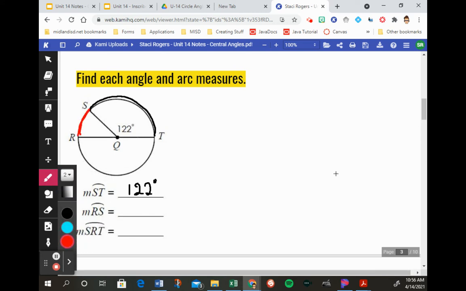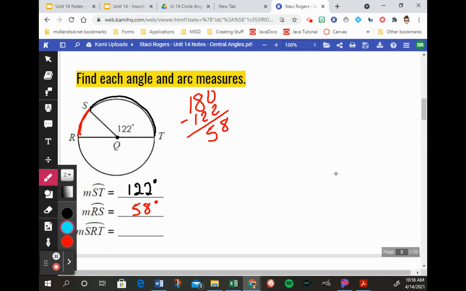RS is that one. What do you think? RQT, is that a half circle? Sure. So I can take 180 minus 122 and get 58. So RS is 58 degrees.